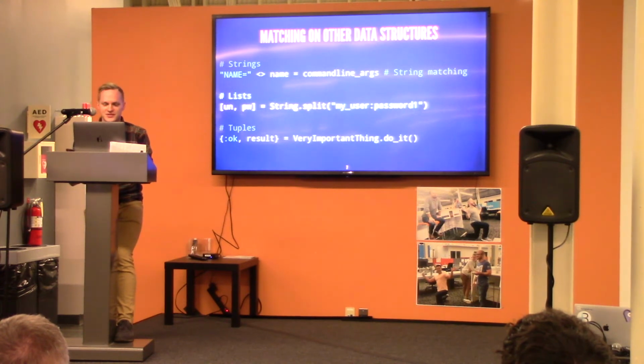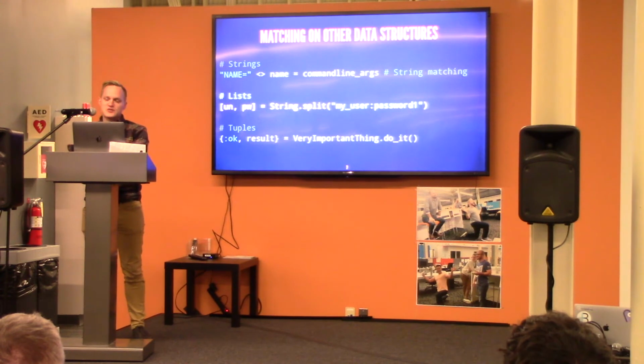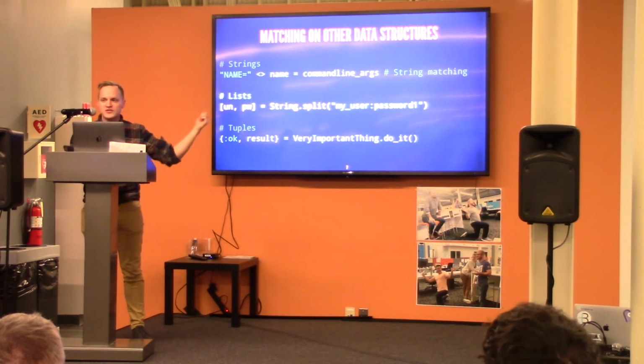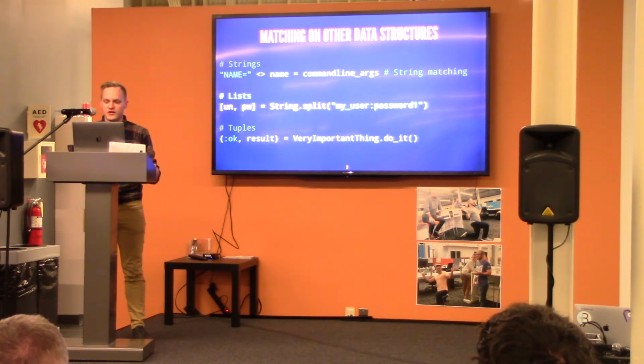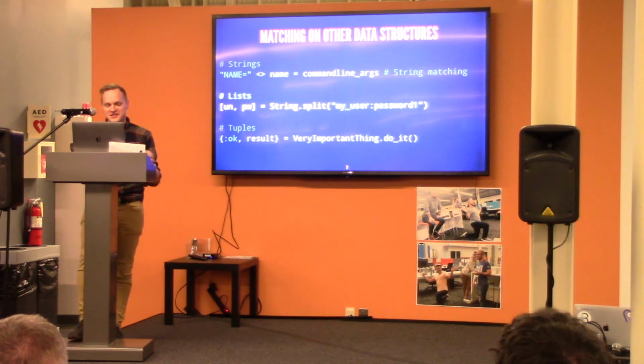That's what I get for not actually running my code before putting it in slides. But if I was splitting on colons here, that way, if someone threw a colon into the middle of their password for some reason, you would get 3 elements, it wouldn't match, and it would blow up. Don't trust that. Do more than just that. But if you were doing that, this would catch it.